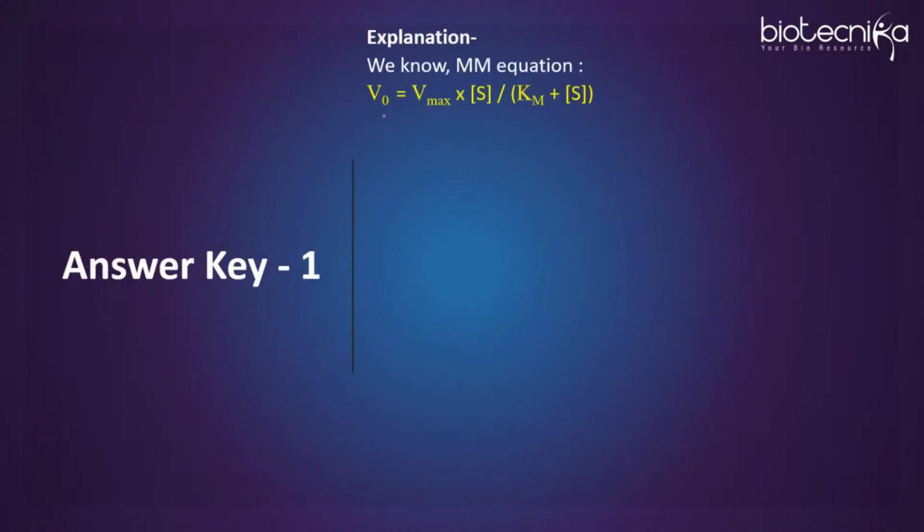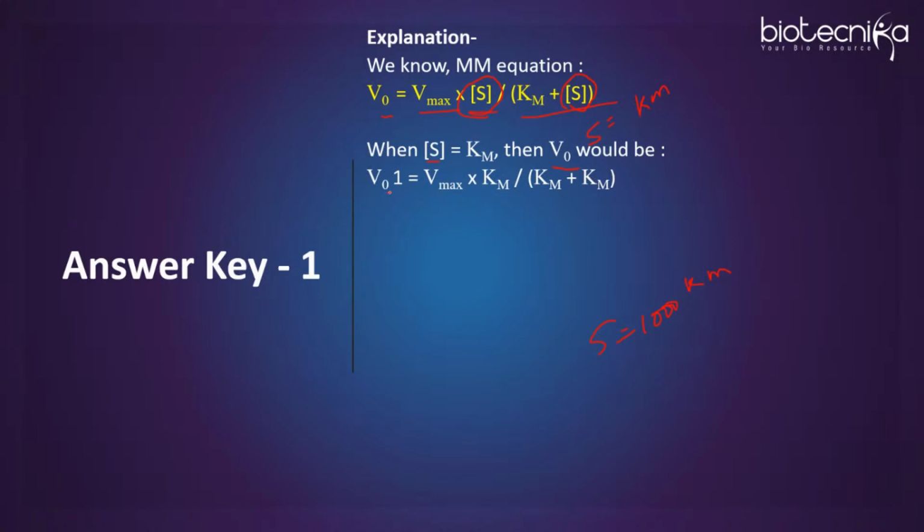We know Michaelis Menten equation is V0 is equal to Vmax into S divided by Km plus S. Now they have given substrate concentration. So for first case, we will consider substrate is equal to Km. And in second case, we will assume substrate is equal to 1000 Km. And then rest put the values as it is. So when substrate is equal to Km, then what will V0 be? Just put in the equation, consider this as V01.